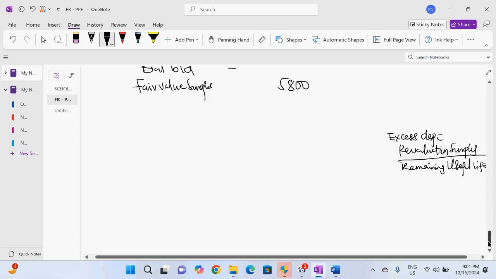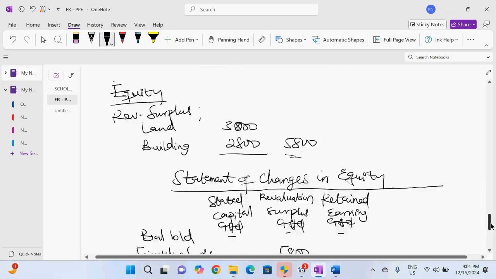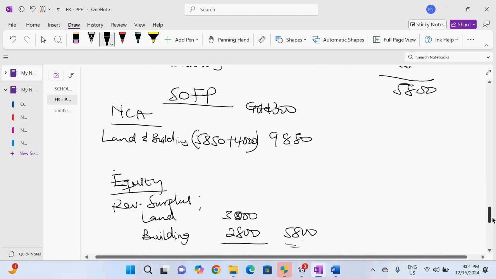So what is the revaluation surplus? The revaluation surplus is 5,800.